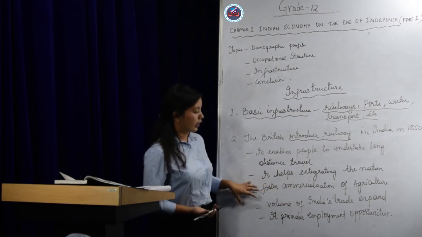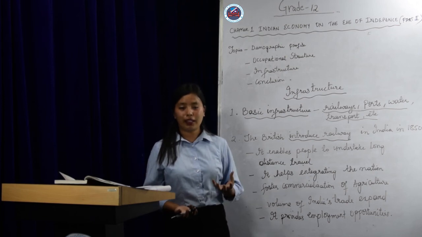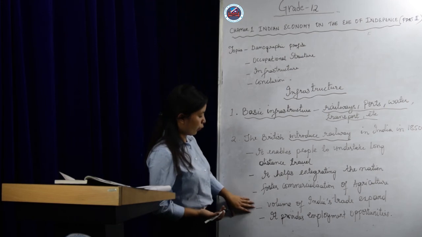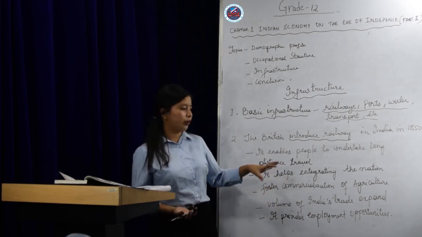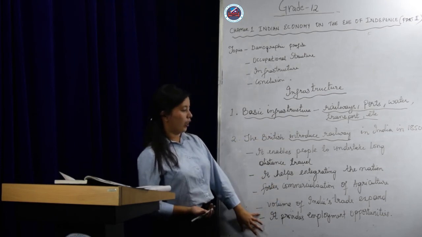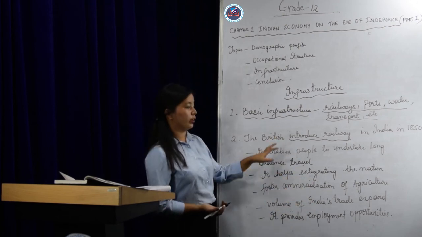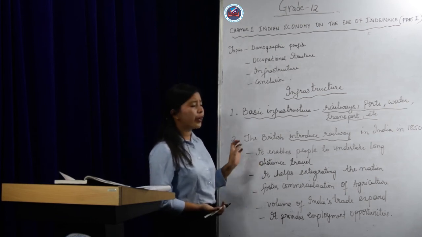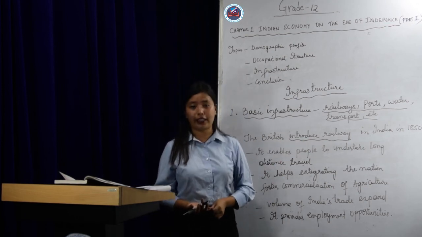The third is it fostered commercialization of agriculture. The fourth one is that the volume of India's trade undoubtedly expanded after the introduction of railway. And the last impact is it provided employment opportunities to the people. So these were some of the various impacts of the introduction of railway in India in the year 1850.